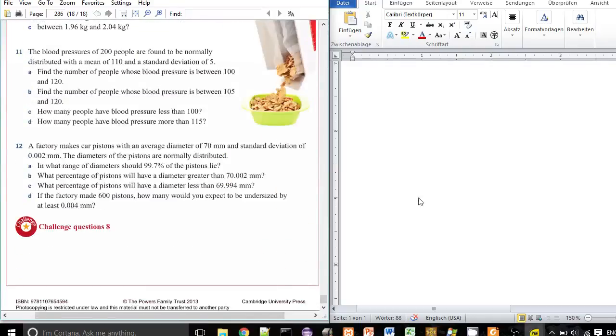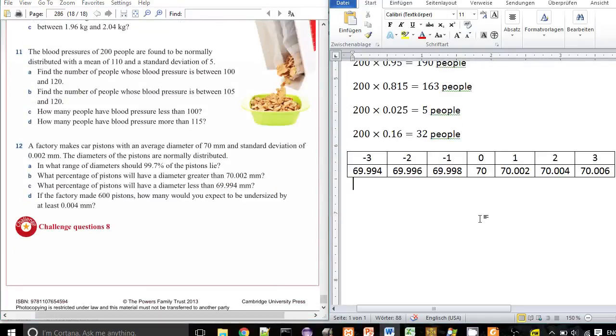I feel like maybe I should write these out a bit more. So between 69.994 millimeters and 70.006 millimeters. Okay, for B, it was what percentage? 16%, because it's a Z score of 1.